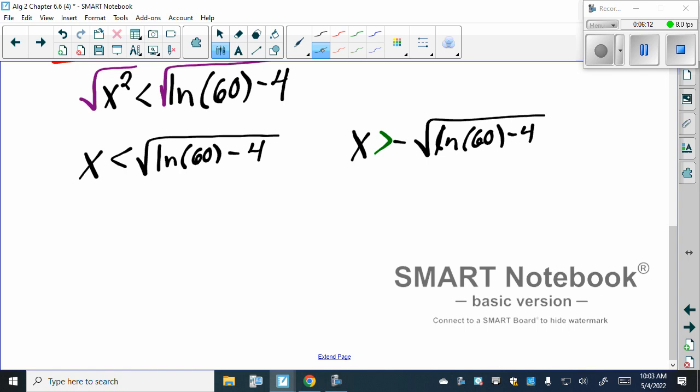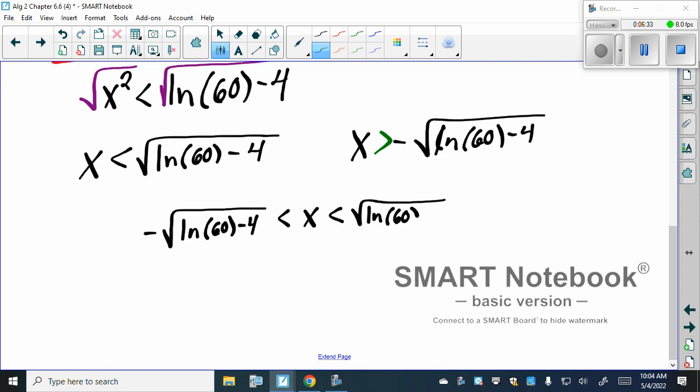So x is less than the square root of the natural log of 60 minus 4, and x is greater than the negative square root of the natural log of 60 minus 4. So if we wanted the precise answer, it'd be this right here.